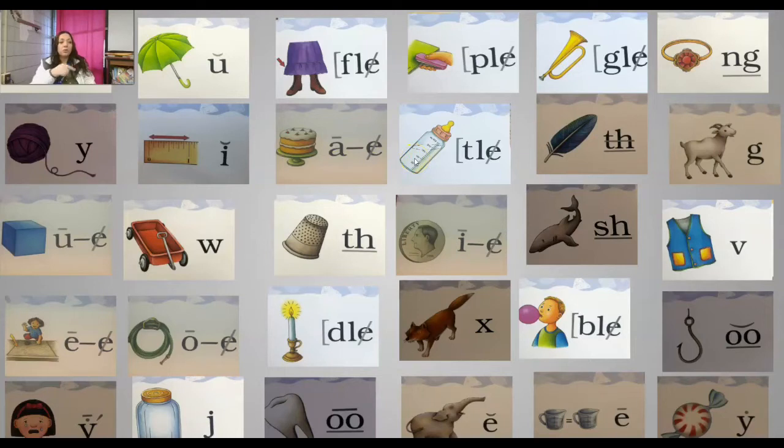Bottle, tool. Final syllable, TLE. Feather, V. Digraph TH. Goat, G. Cube, U. U consonant E. Wagon, W. Thimble, digraph TH.